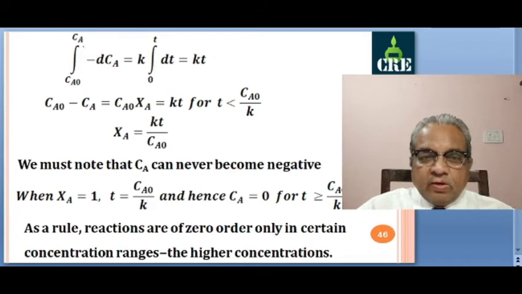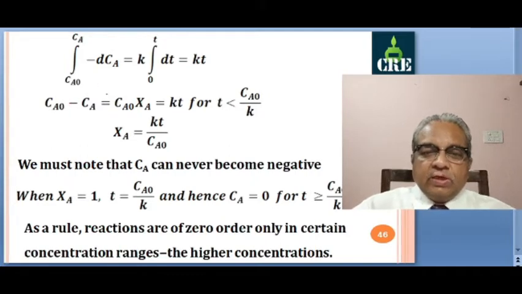Minus dCA integrated from Ca0 to Ca gives minus Ca. I can take this sign outside and change the order of integration, so I get Ca0 minus Ca.